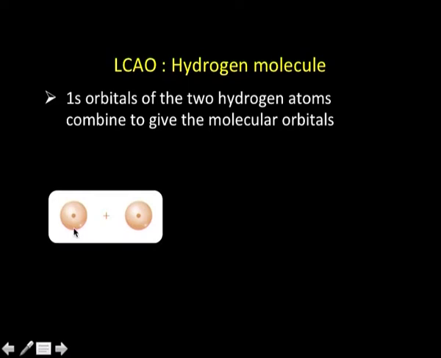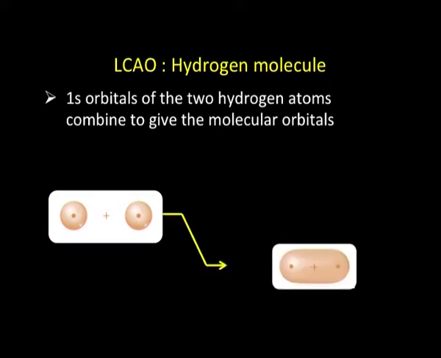These are the two atomic orbitals: the 1s orbital of atom 1 and the 1s orbital of atom 2. The two will combine together. When you do linear combination, the two contributing atomic orbitals can combine constructively or destructively. When they combine constructively, that is, this plus this, an additive combination, the resulting molecular orbital looks something like this.